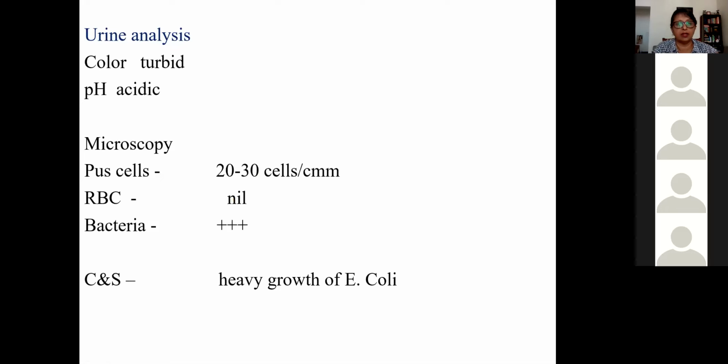Ma'am, bacterial meningitis. But this is urine analysis. The heading is urine analysis.